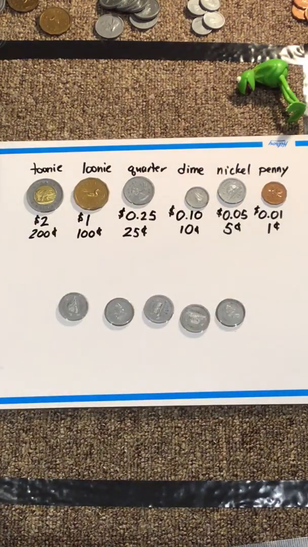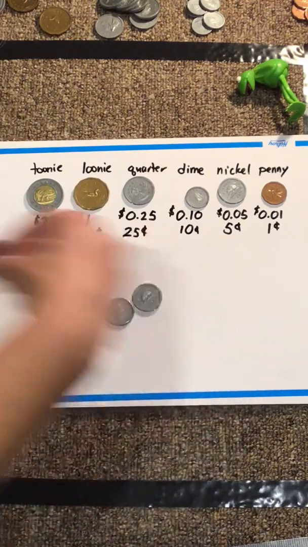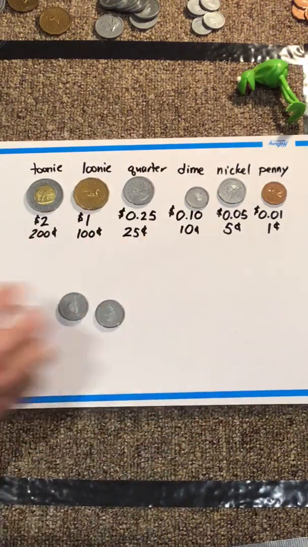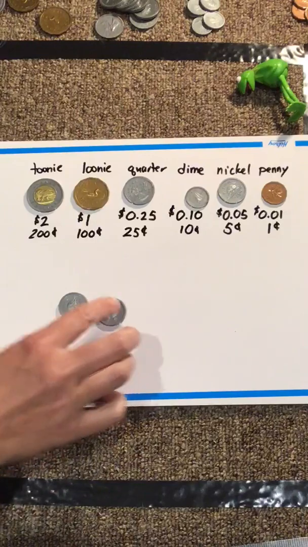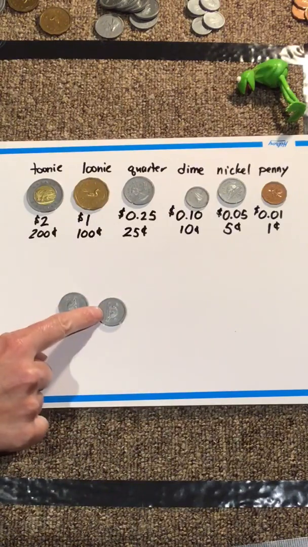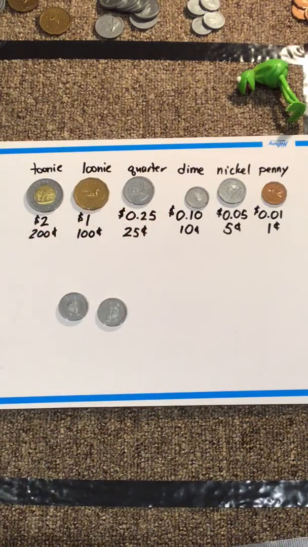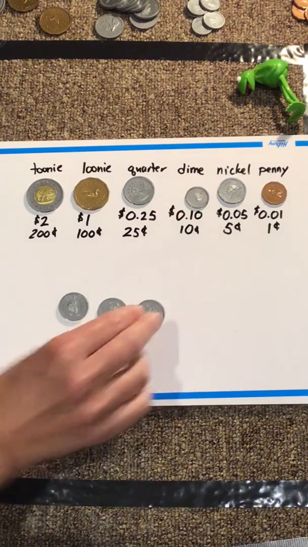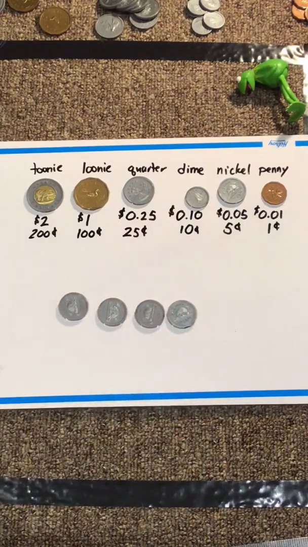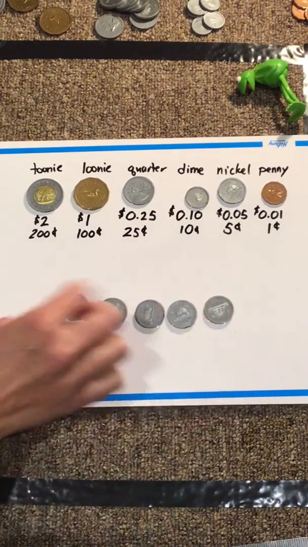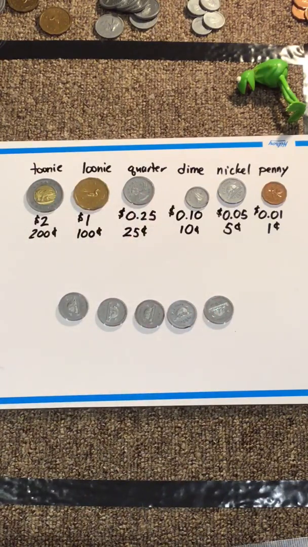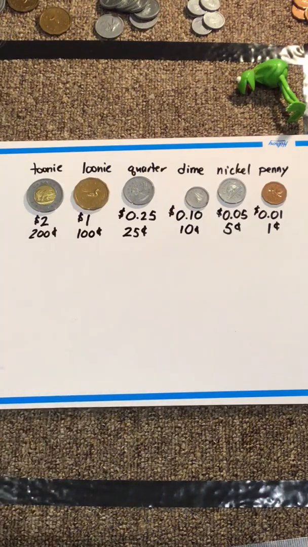Let's go back a little bit. 5 cents, 10 cents. Ooh, 2 nickels is going to equal 1 dime. So we're at 10 cents, 15 cents, 20 cents, 25 cents. Ooh, 5 of them gives us the same amount as a quarter. And we could keep going all the way up to $1, but I don't have that many fake nickels, so we're good.